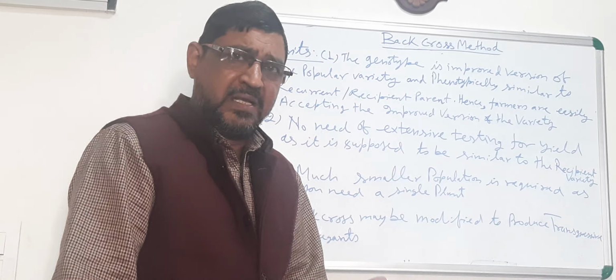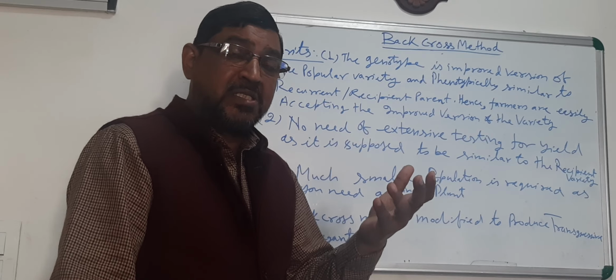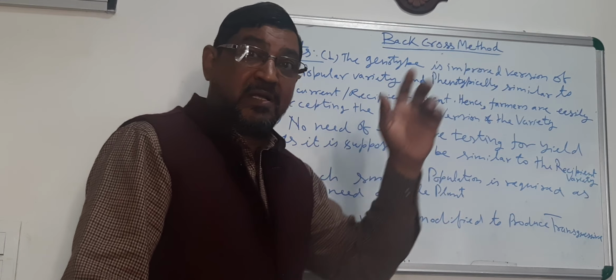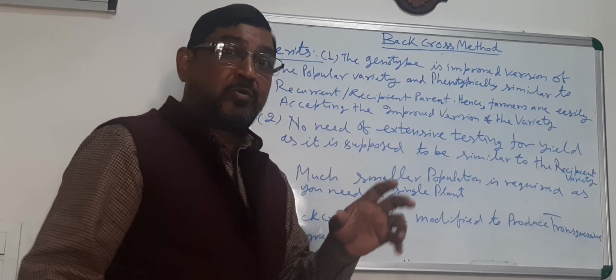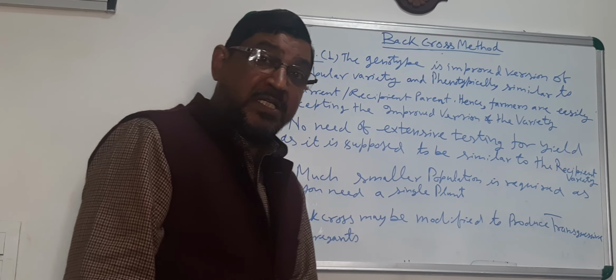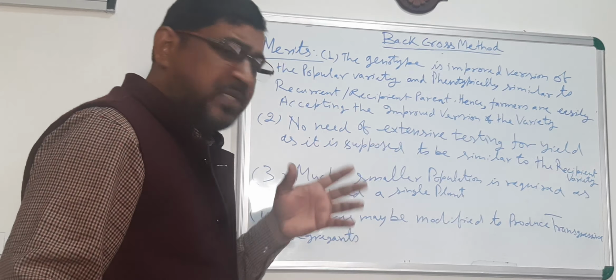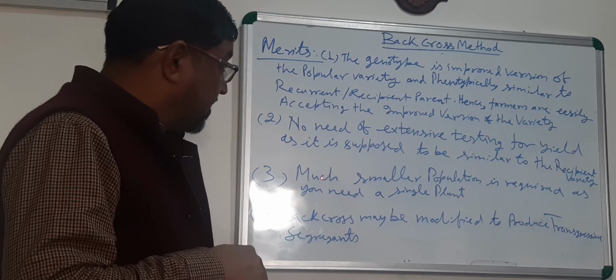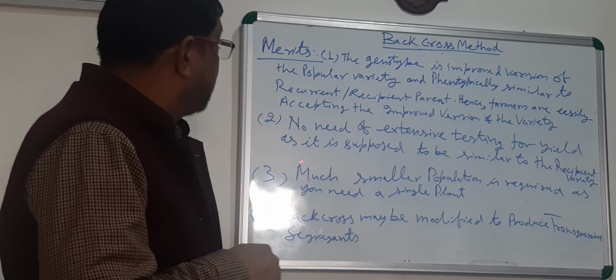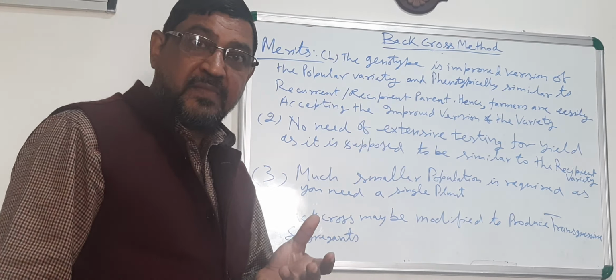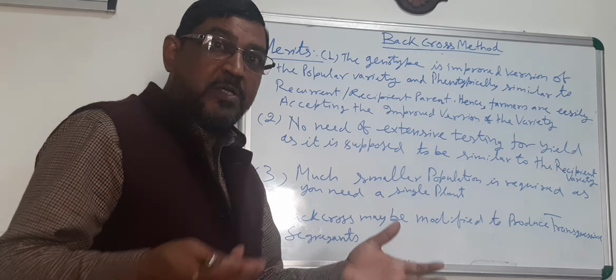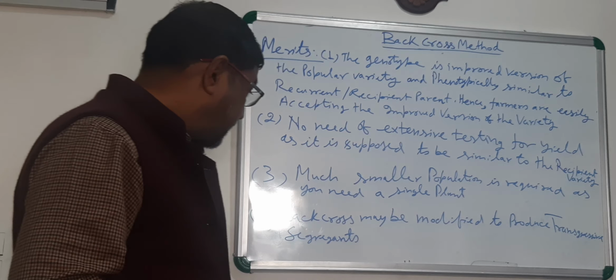But in transgressive breeding, you are searching for a particular variety through which you are going to develop a new variety. So here a very small population is required in backcross breeding. This is the most useful merit, you can say, that it doesn't require a much greater population.